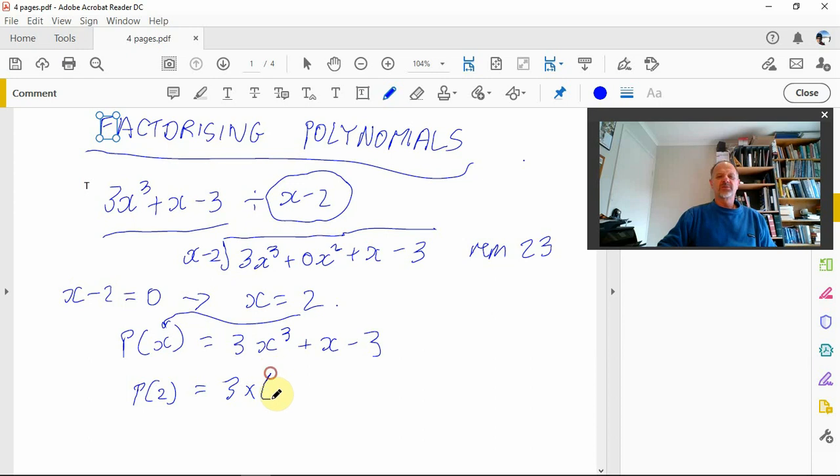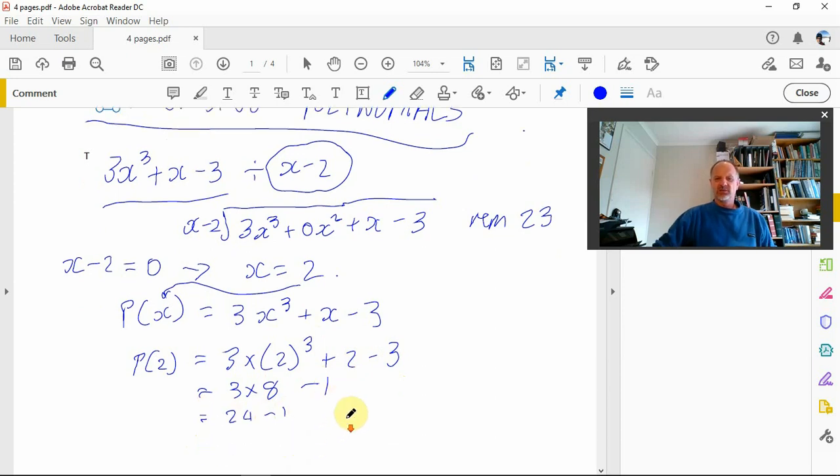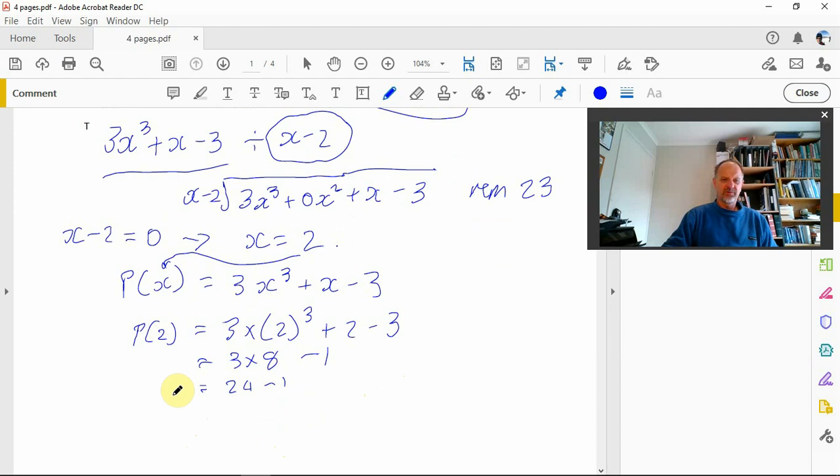So that's 3 times 2 cubed plus 2 minus 3. So that's 3 times 8. Plus 2 minus 3 is minus 1. 3 8s are 24, minus 1. 24 minus 1 equals 23.